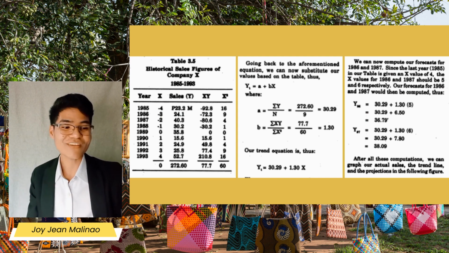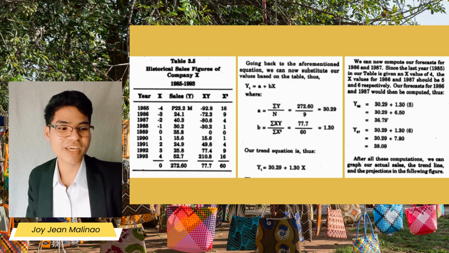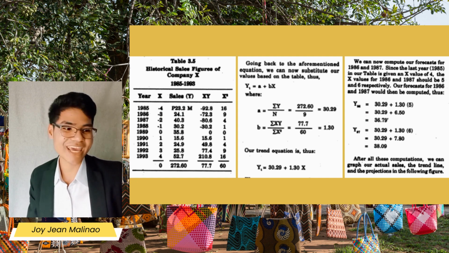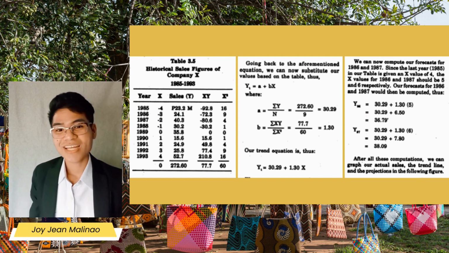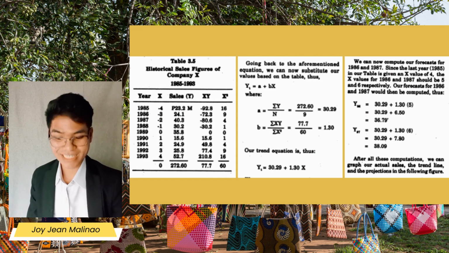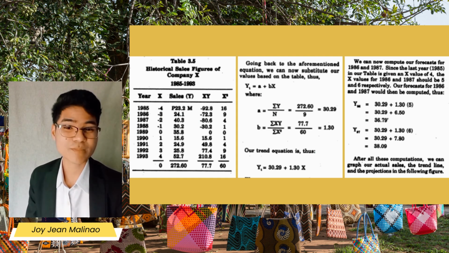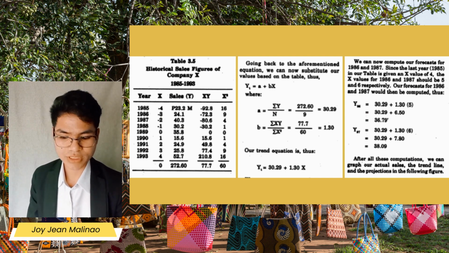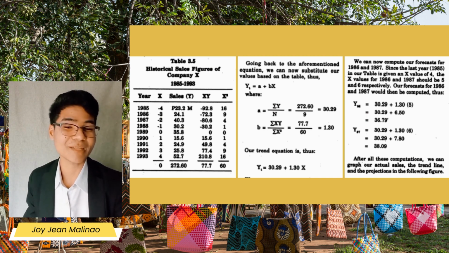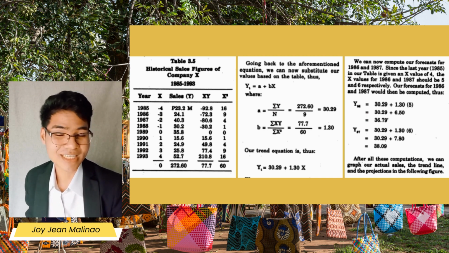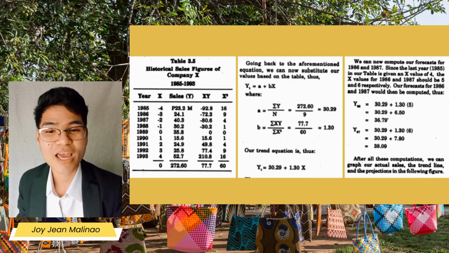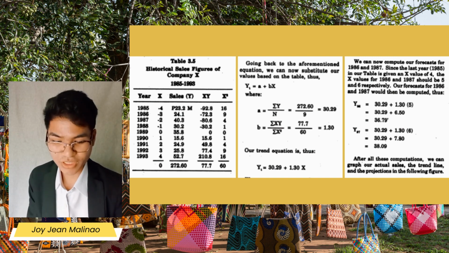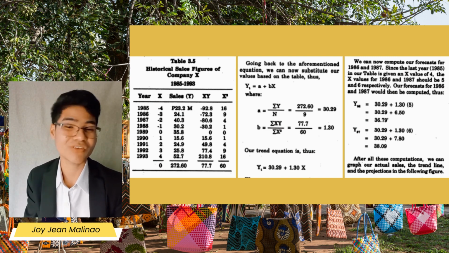So now, after all these computations, we can graph the actual sales, the trend line, and the projection. The result for 1986 is 36.79 million, and the sales in 1987 is 38.9 million. That is the sales value of the years 1986 and 1987 by the second method, which is trend line using the least squares regression method.